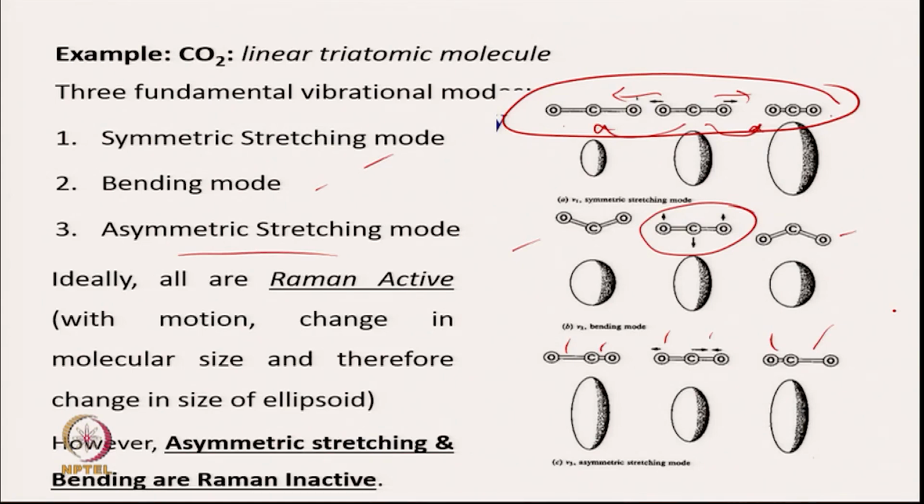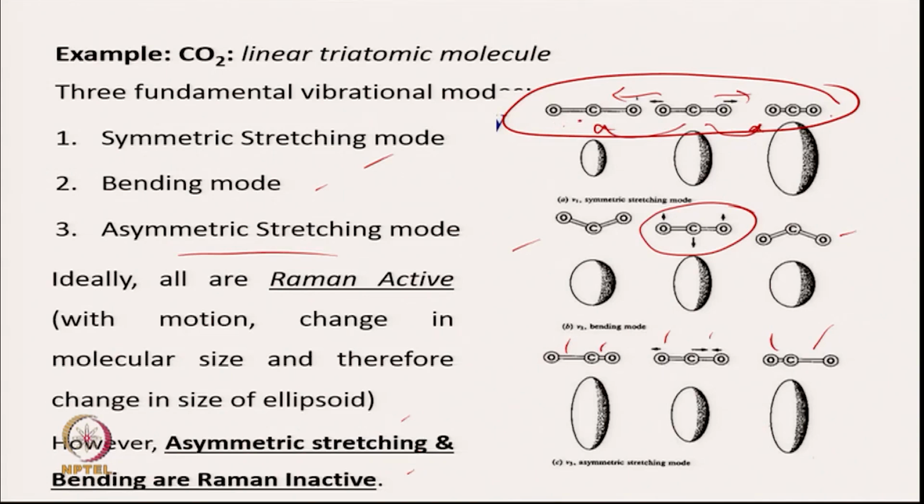Ideally all are Raman active, because you can see that there is a change in polarizability, but in reality the asymmetric stretching and bending modes are Raman inactive. Let us first think about what is happening to polarizability.